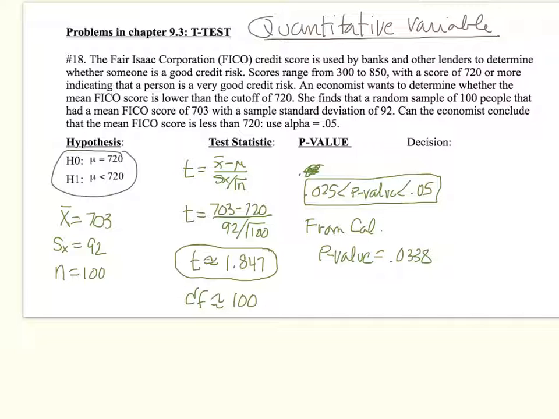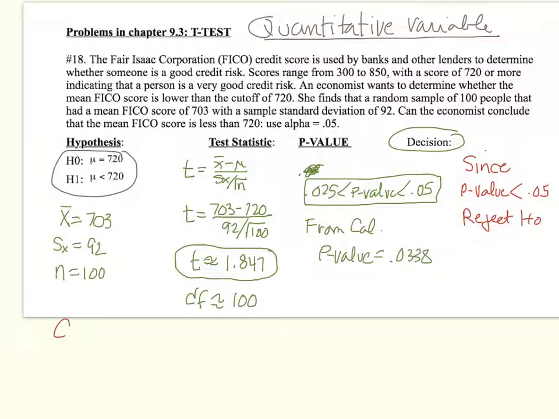So now the question is, what is our decision? Well, our decision is, since the p-value is less than 0.05 in this case, that's alpha, we reject H naught.